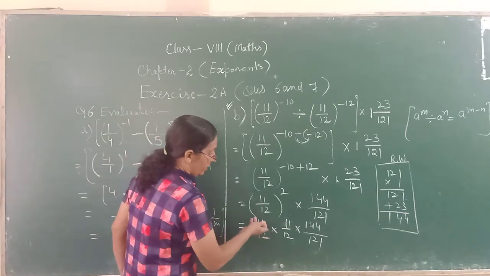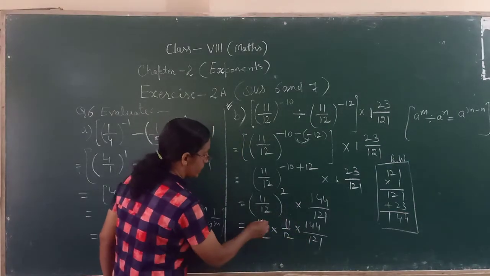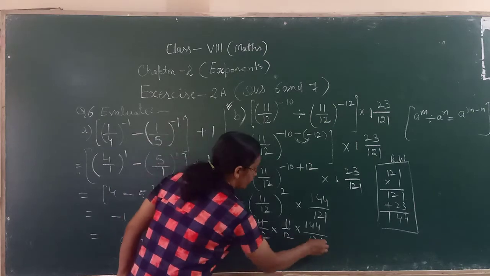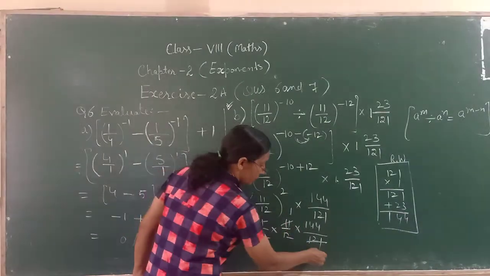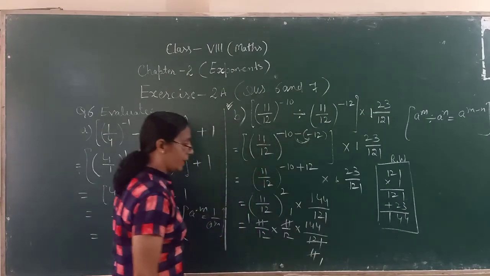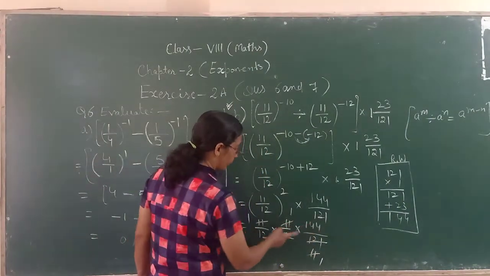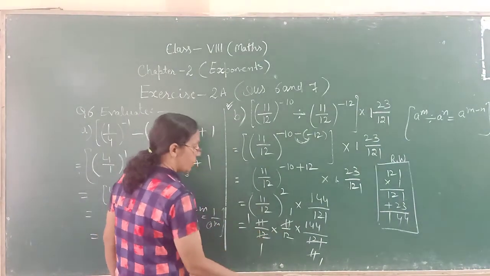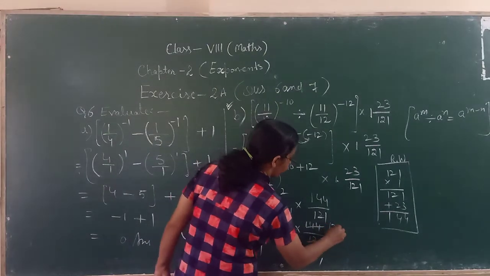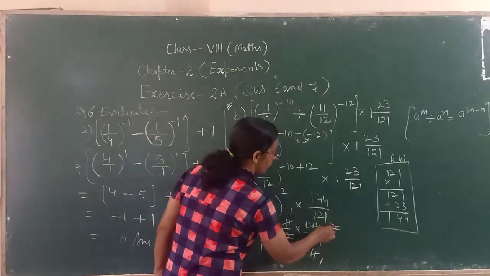See here, numerators and denominators are divisible by each other. So 11 ones are 11, 11 elevens are 121. Same here, 11 ones are 11 and 11 ones are 11. So like this they cancel. Now the left material is numerator 144 and denominator 12 into 12. This is also possible; for this students should have knowledge of the tables. 12 twelves are 144, then 12 ones are 12, and 12 ones are 12.